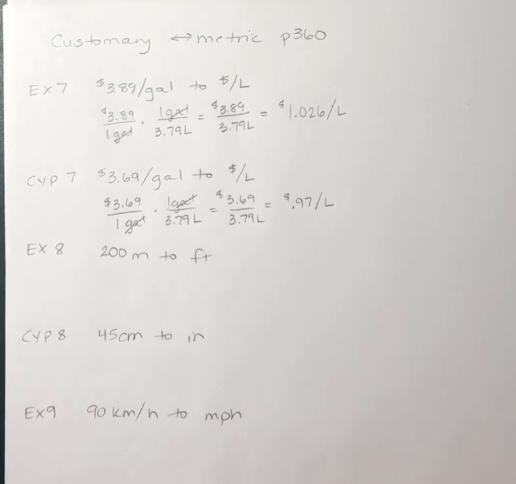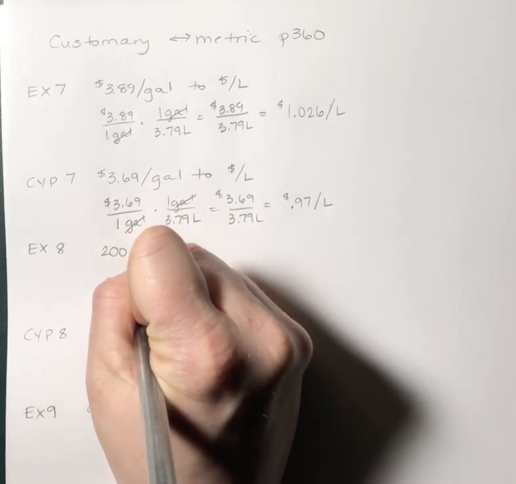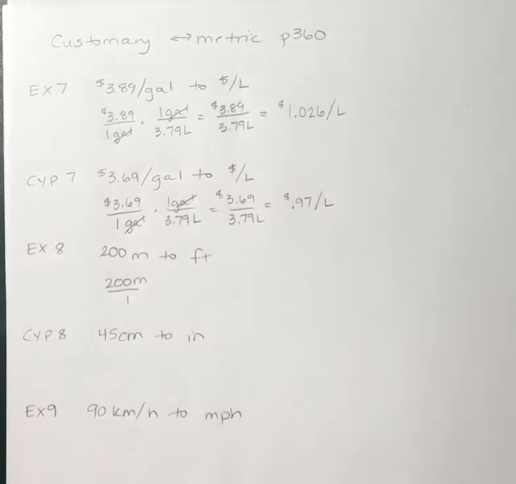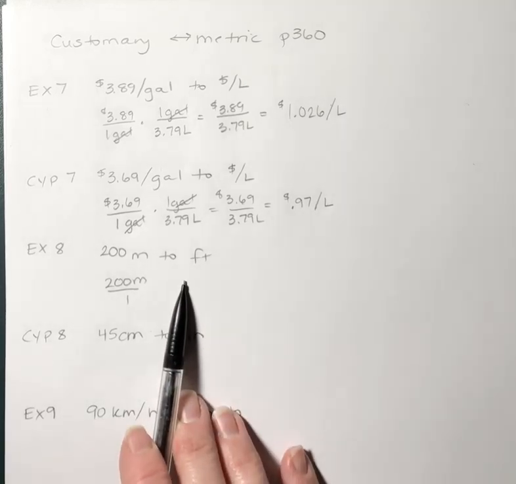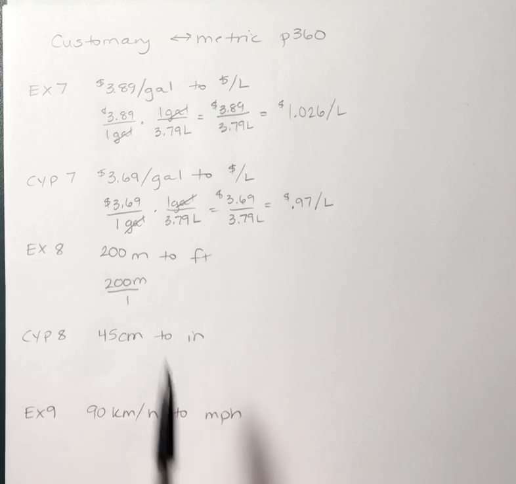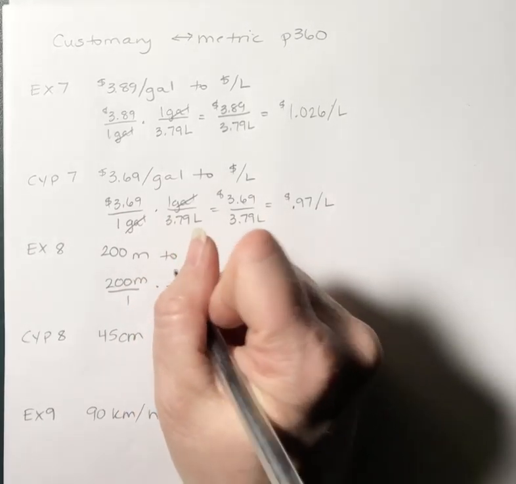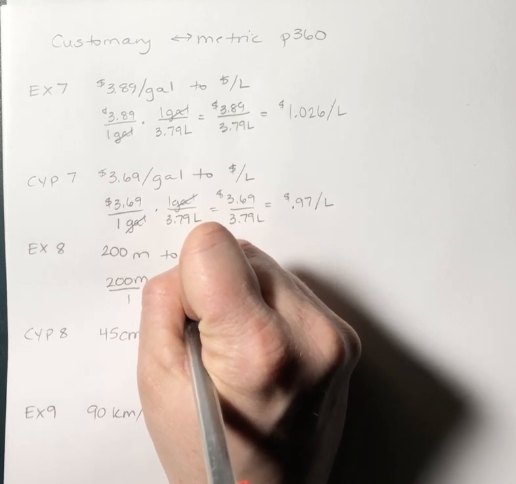Example 8, we want to convert meters to feet. So I have 200 meters. I put it over 1. Again, from page 360, the conversion factor I need is that 1 meter is equivalent to 3.28 feet.